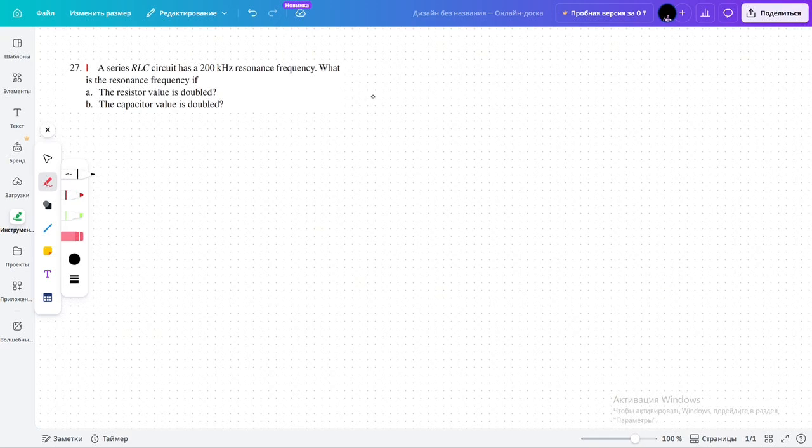So here is given only one thing, that the frequency equals 200 kilohertz. Since it says that it's resonance, we know the formula for omega.